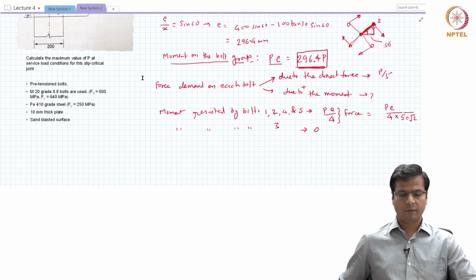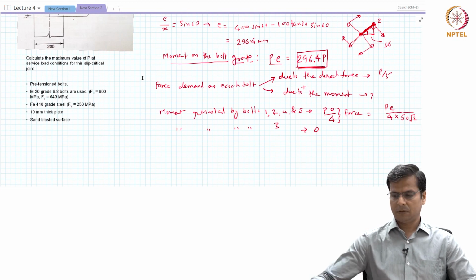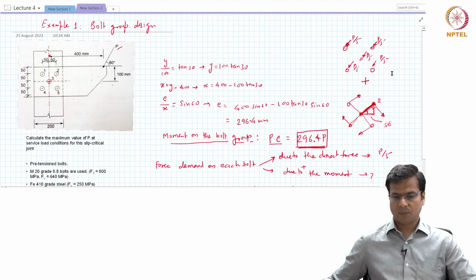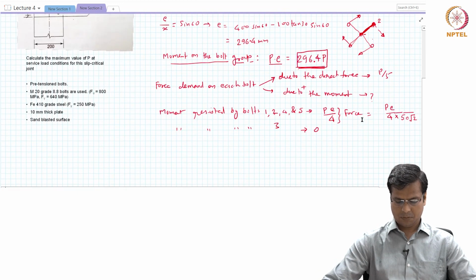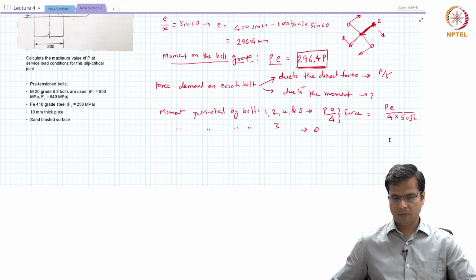Okay. So now we can actually calculate this value. We can substitute the value of E, which is 296.4, and then calculate this value. It turns out to be 1.048 times P.